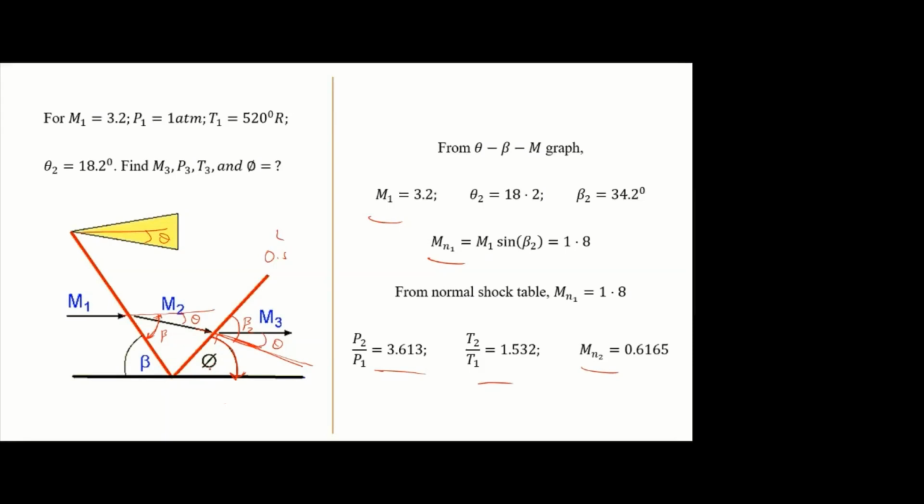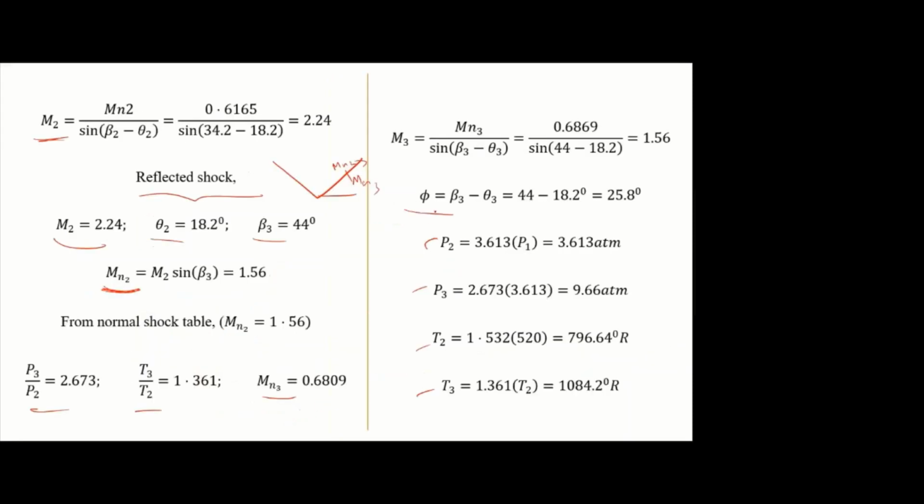How to find this reflection angle? Beta minus theta, sir. Okay. So beta 2 minus theta will give you this phi. Beta and phi are not the same, they are different. This is the wave angle beta, which is measured with respect to the free stream, and they are asking this reflection angle, which will be beta minus theta. This also they asked. 25.8.